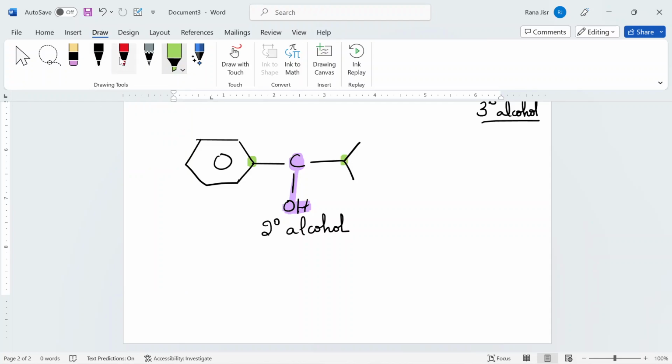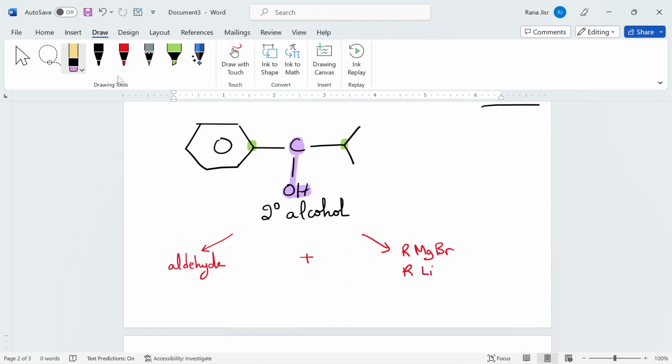So now I know that secondary alcohols form from a reaction of aldehydes plus either alkyl Grignards or alkyl lithium, whatever you want to choose. It doesn't matter. Both are going to be the same.